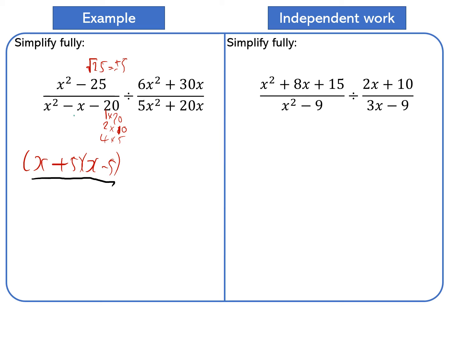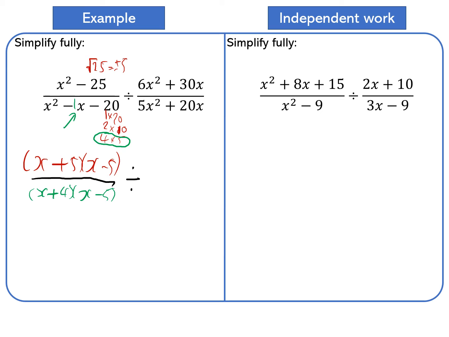What can I put together to make my middle term? Well, that's got to be 1. So if we use the 4 and the 5, now consider it. 4 take away 5 is minus 1, plus 4 times minus 5 would be minus 20, so that's correct.